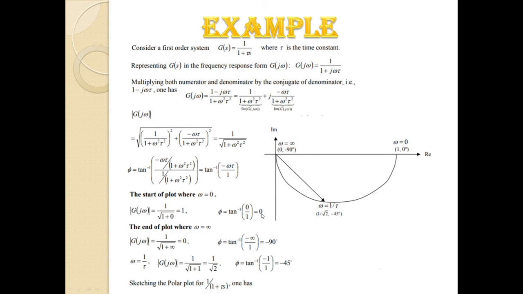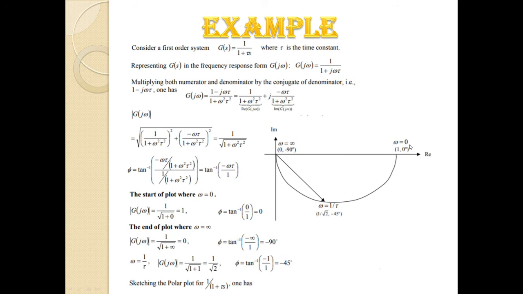So, we take the 0 degree line as the reference line, and on this reference the magnitude is taken as 1. This length from 0 is considered to be 1 here. So, this one is unit length.